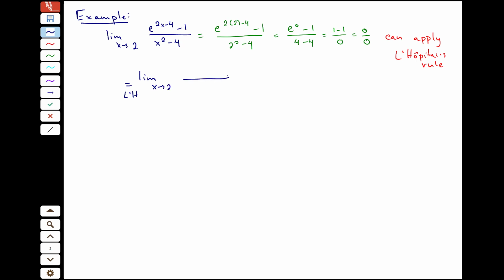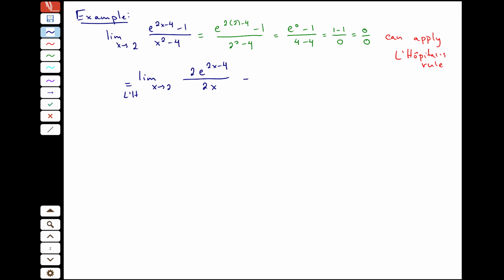So on the top of this equation, we have e to the 2x minus 4, minus 1. And when we take the derivative of that, we get 2 e to the 2x minus 4, where that 2 comes from the chain rule applied to 2x minus 4. Now in the denominator, the derivative of x squared minus 4 is just 2x.